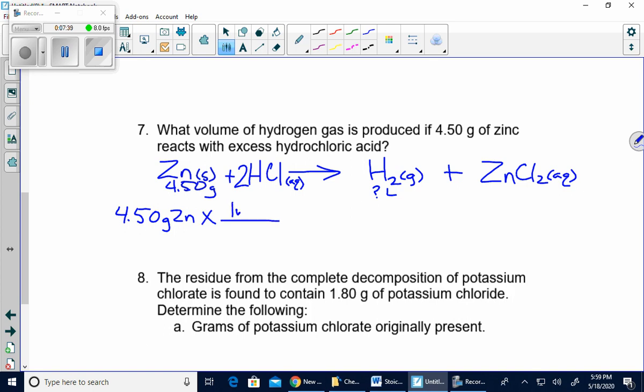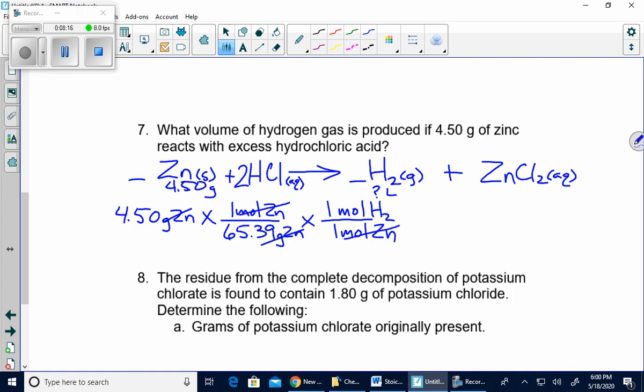So I put 1 mole of zinc over the molar mass of zinc from the periodic table, 65.39 grams of zinc, times, okay, grams of zinc have canceled. Next step is my mole ratio step. So this is where I go, it's going to be a 1-to-1 mole ratio, 1 mole of hydrogen over 1 mole of zinc. Okay, that's canceled.